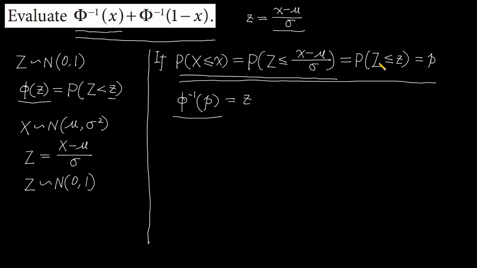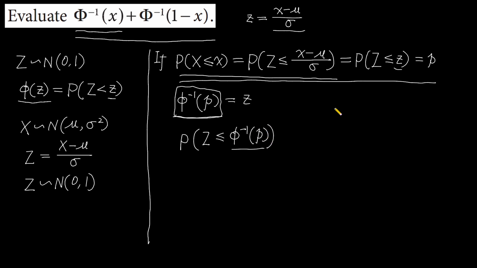And to notice, if we use this to replace the lowercase letter z here, we can get the probability that the random variable Z is smaller or equal to this value.